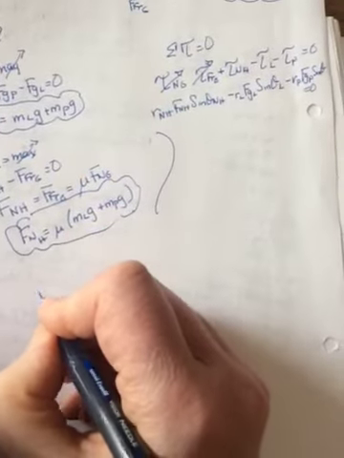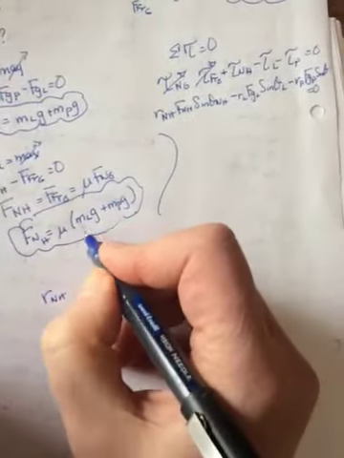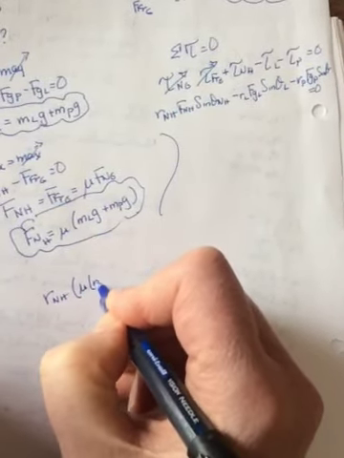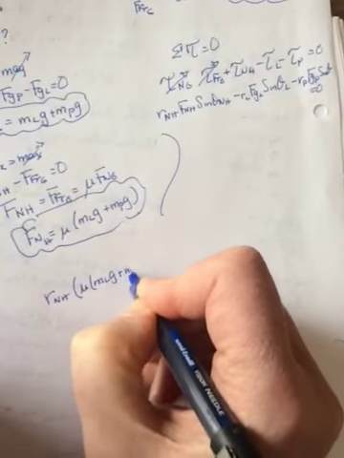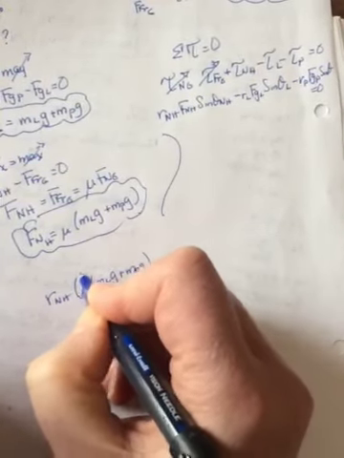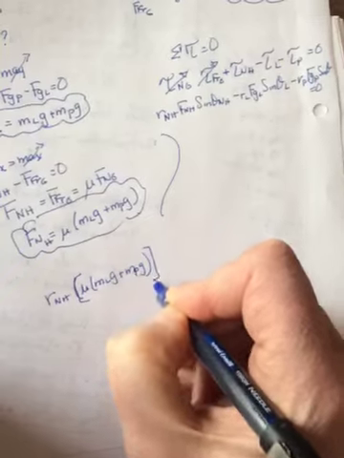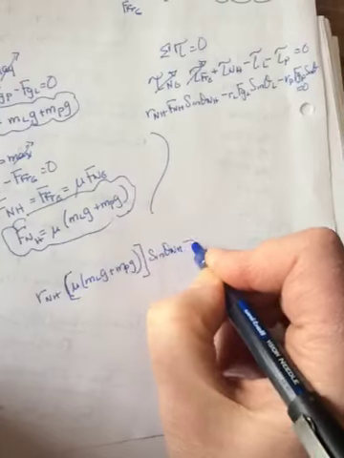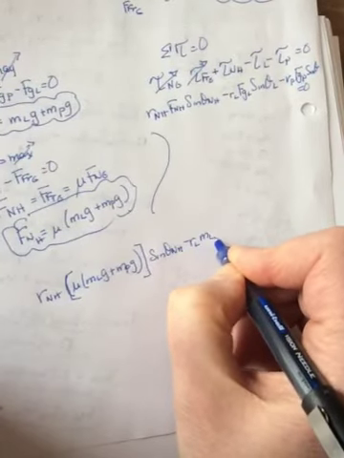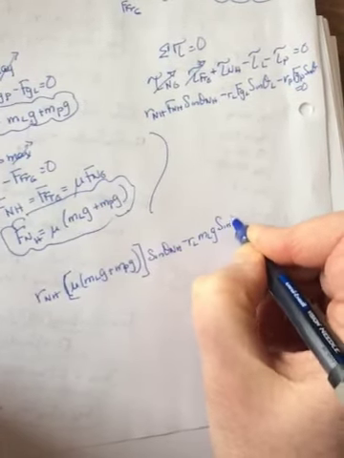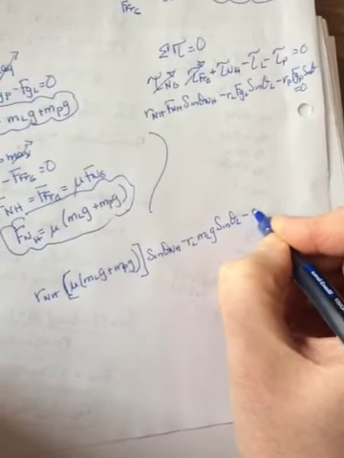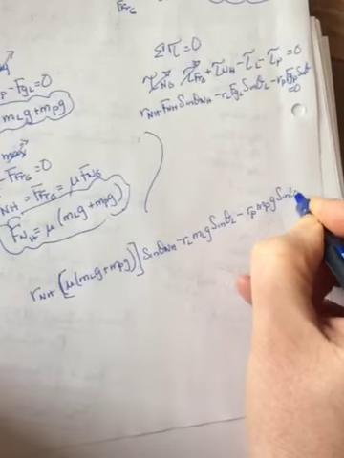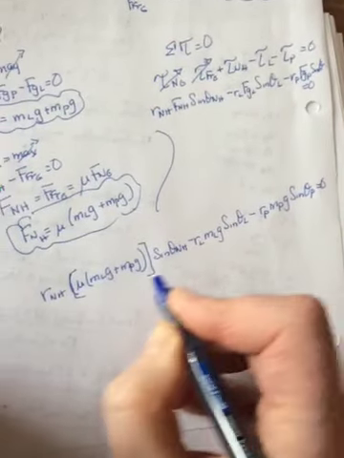So we'll have R normal of the house, and instead of F normal of the house, we're going to put in this mu, m of the ladder g plus m of the person g. Okay, and then close this bracket, sine theta normal of the house, minus R of the ladder, m of the ladder g, sine theta of the ladder, minus R of the person, m of the person g, sine theta of the person equals 0.